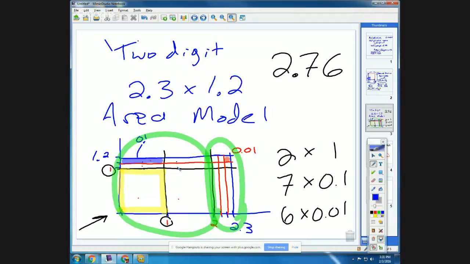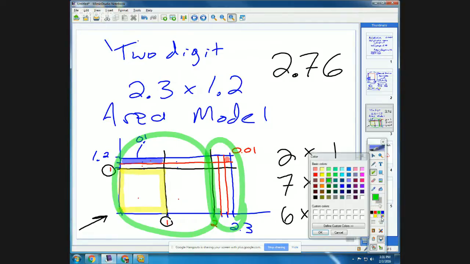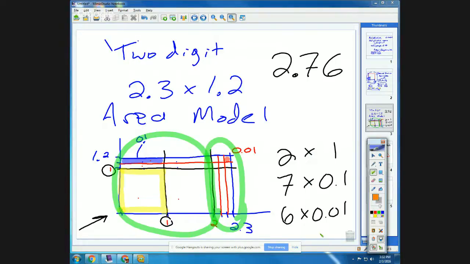So let's use, I'm running out of colors to use on this. Orange. Can I get a highlighter? Orange, okay. So there's that. And then the other one was the 2 wholes and the 3 tenths, and that's this guy right here.